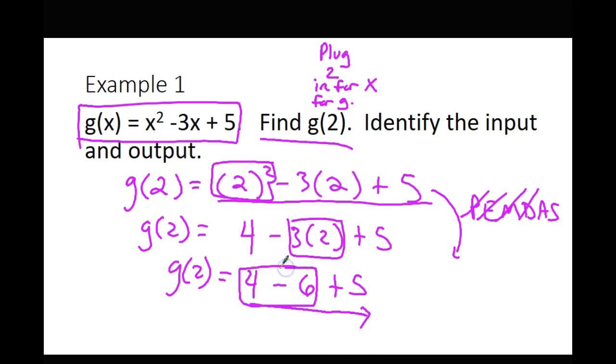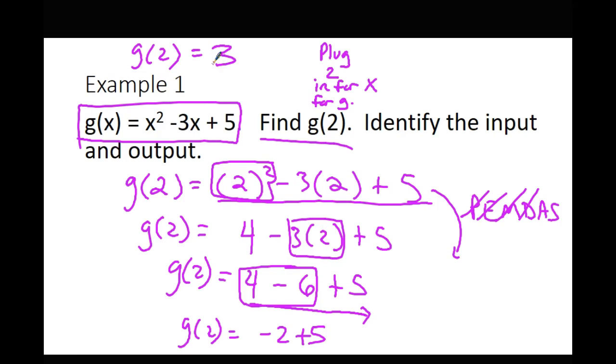You're going to do that first, okay? So what's 4 minus 6? -2 plus 5, and then that equals g of 2 equals 3. And so we have g of 2 equals what? 3. -2 and 5 makes 3, right? And there's your final answer.